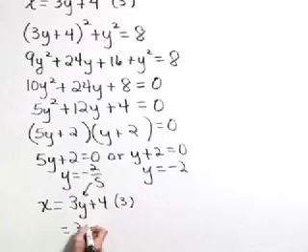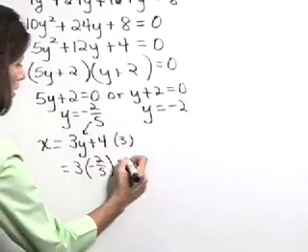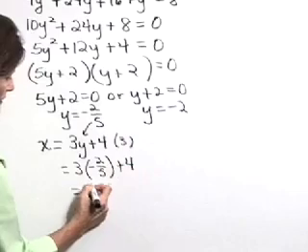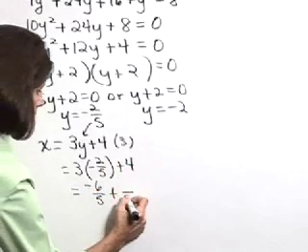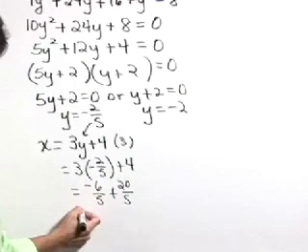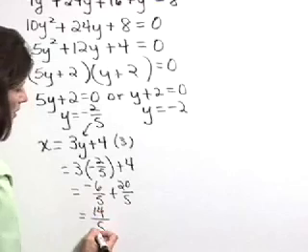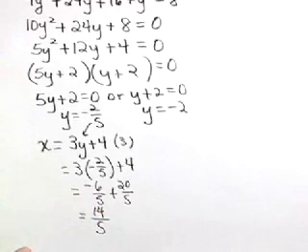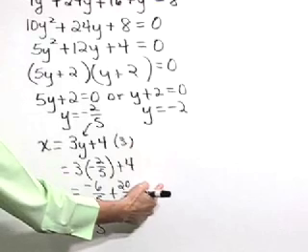So x is 3 times a negative 2/5 plus 4. That's a negative 6/5 plus 20/5. 20 minus that 6 is 14/5.